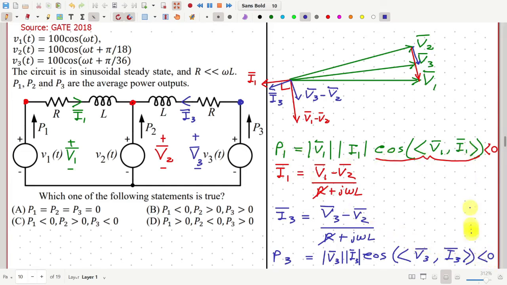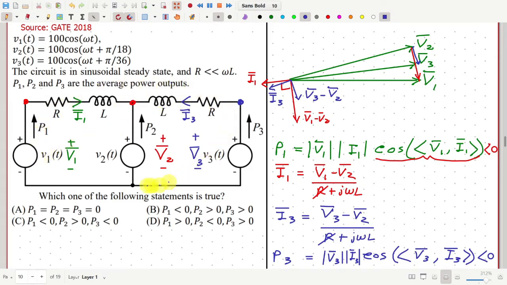So we have P1 negative, P3 negative. Now what about P2? Overall in this circuit, we must have an energy balance. Total energy generated or consumed by all the elements must be equal to 0. Since power output from source 1 and source 3 are both negative, sources 1 and 3 are both consuming power. Then these resistances, however small they are, are also consuming some power.